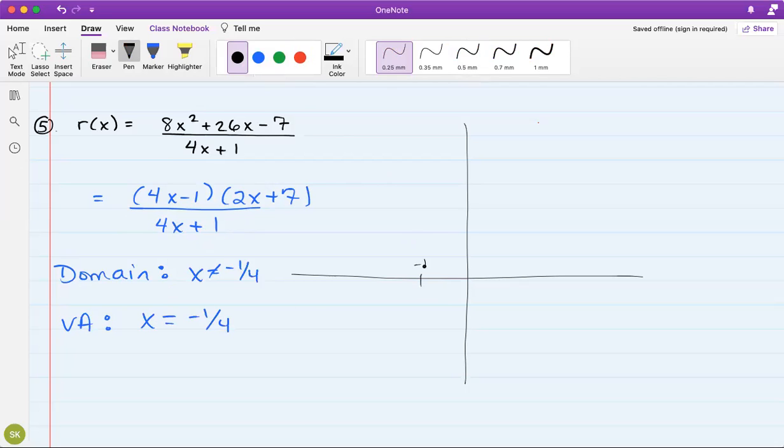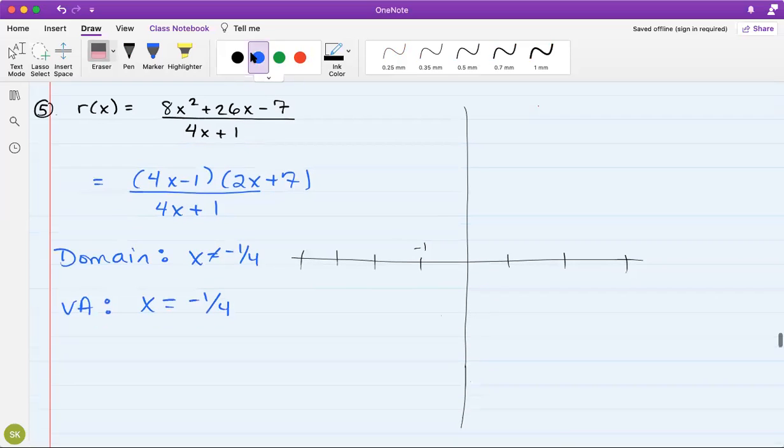So let's say this is negative 1. I'm going to just do some lines here, and let's do some lines up here. I think I'm going to make these a little bit smaller because I think something's going to happen where I'm going to need more space.